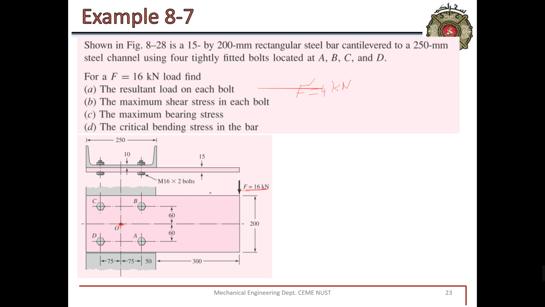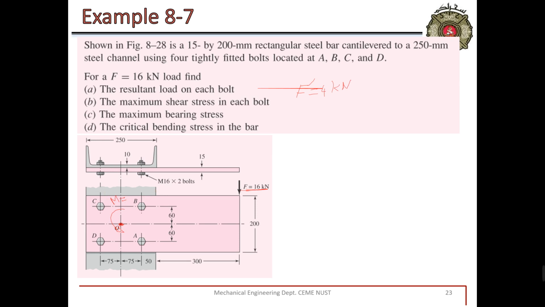For secondary shear, F multiplied by moment arm, which is equal to 300 plus 50 plus 75, or 425 into 16, will give us a moment.